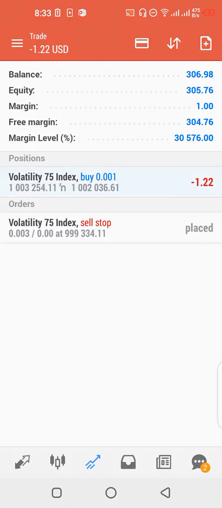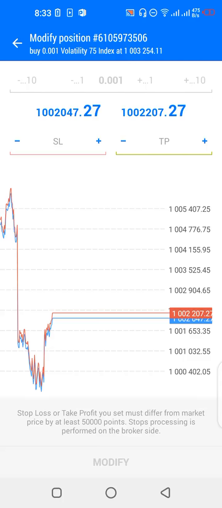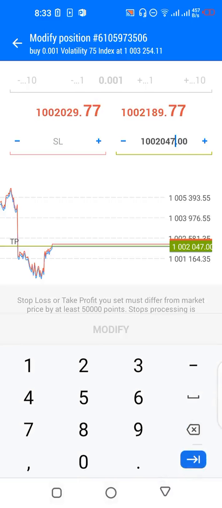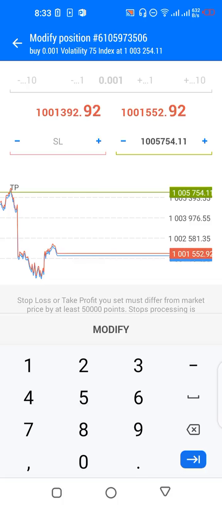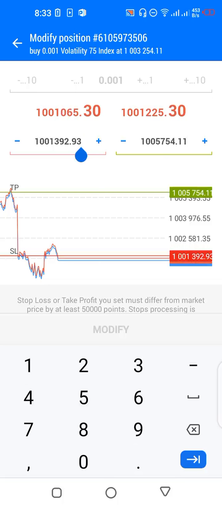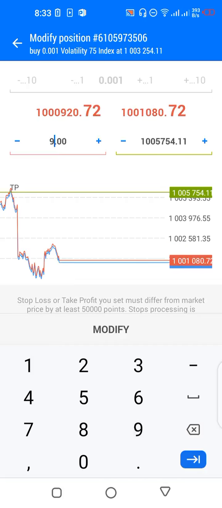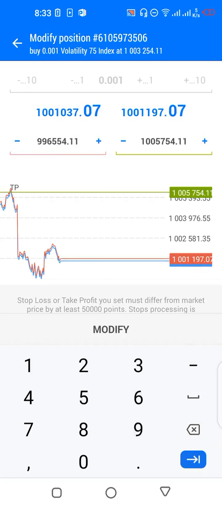Okay, I'm using my Excel on the computer to compute the levels. So the take profit for the running buy trade will be 1005754.11, and the stop loss will be 996,554.11.